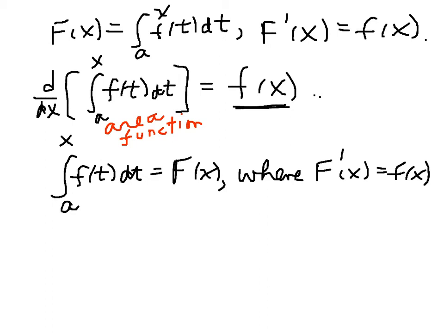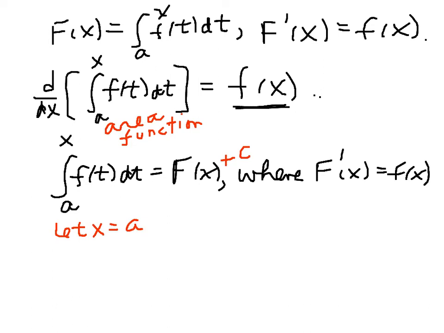And I left something out, because what I left out is a big part of this. This integral is equal to big F of x plus a constant. And that constant can be any number. And so what I do now is I let x equal a.